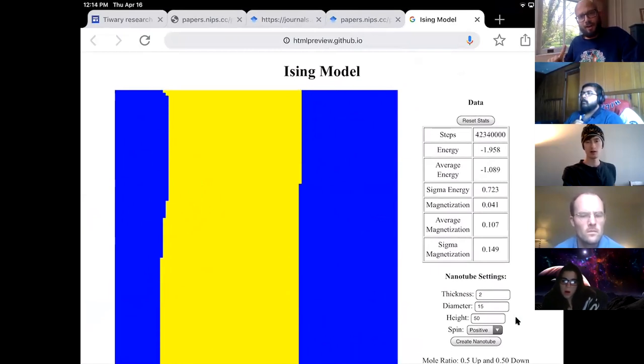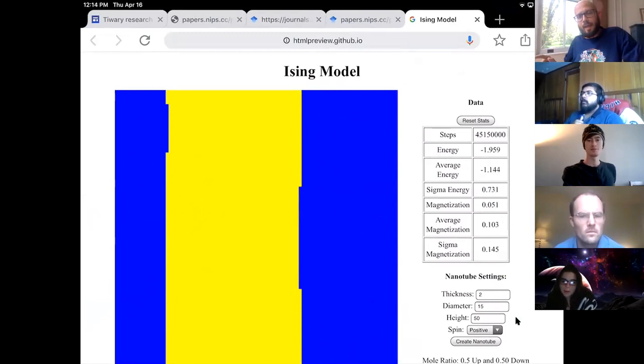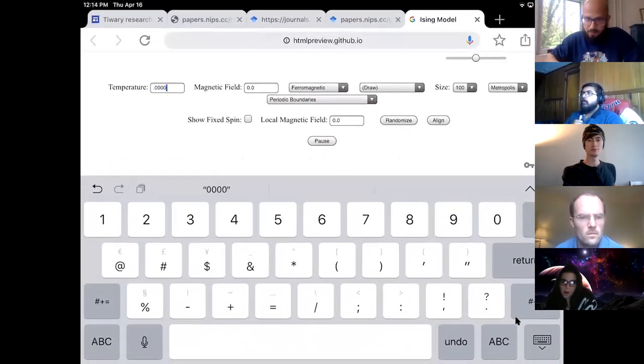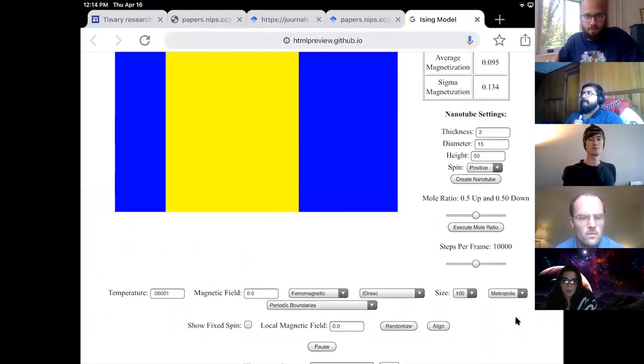The system is degenerate with the choice of yellow or blue. Why? Because in the absence of an external magnetic field, it doesn't matter whether all your magnets are pointing up or all your magnets are pointing down. It simply doesn't matter.